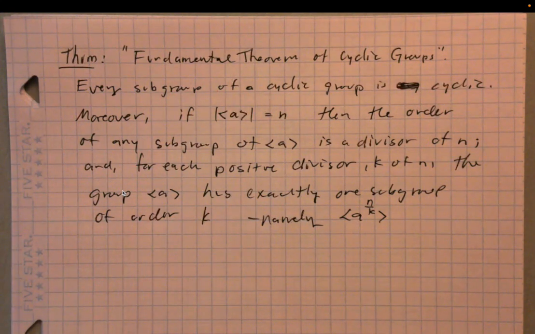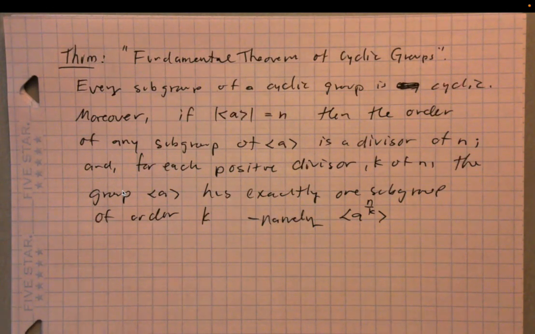Right, so the first statement is easy. Every subgroup of a cyclic group is cyclic. That part makes pretty good sense. Second statement says that if the cyclic group generated by A has order n, then the order of any subgroup of A has to be a divisor of n. That's deep. So the order of the subgroup has to divide the order of the main group.